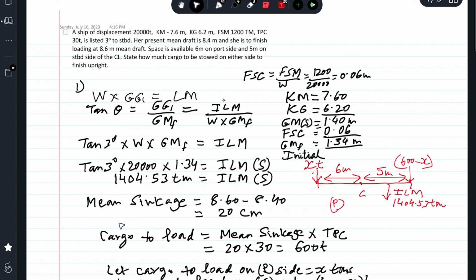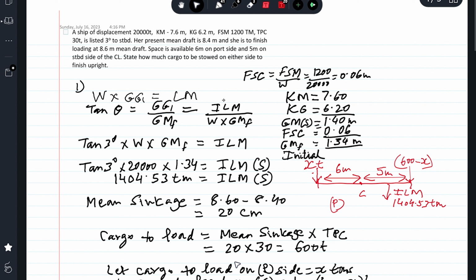Okay, now we want to know how much cargo we're going to load. What will be the mean sinkage? Final sailing draft is 8.6 meter. Present draft is 8.4 meter, mean draft. Difference of the two is 20 centimeters. Now cargo to load will be mean sinkage into TPC.